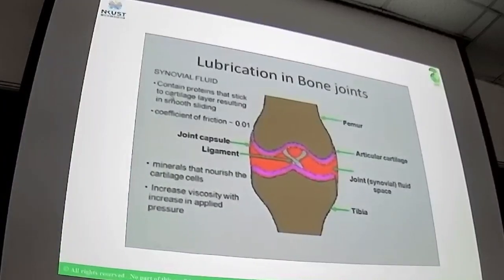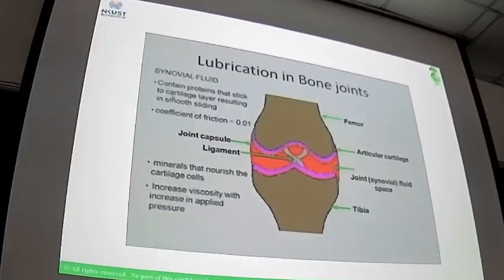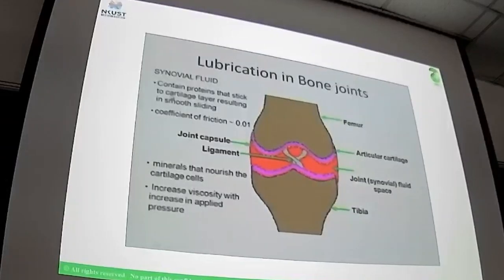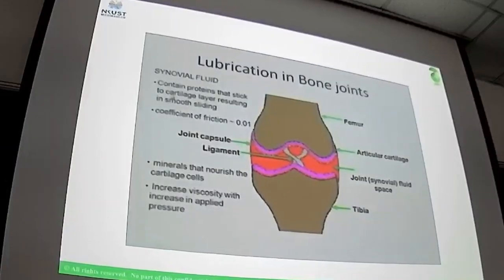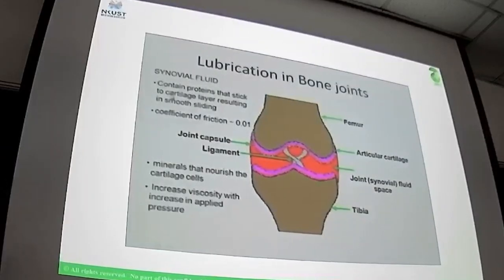So here we have some description for the synovial fluid between these two bone joints.